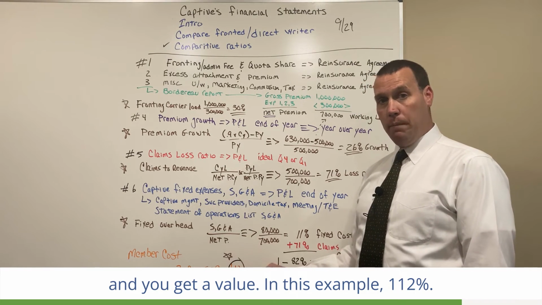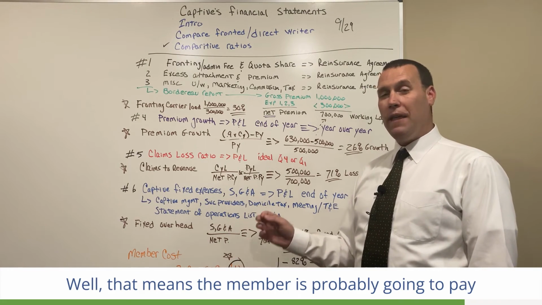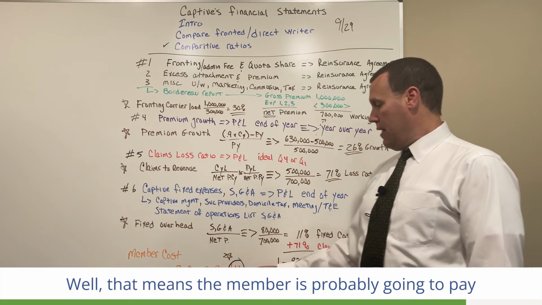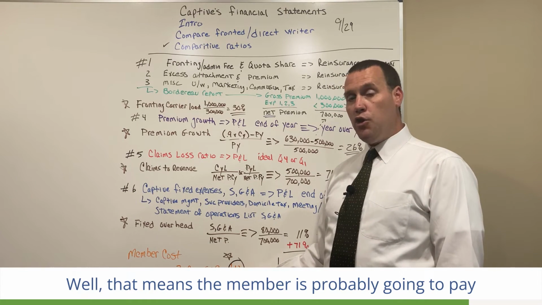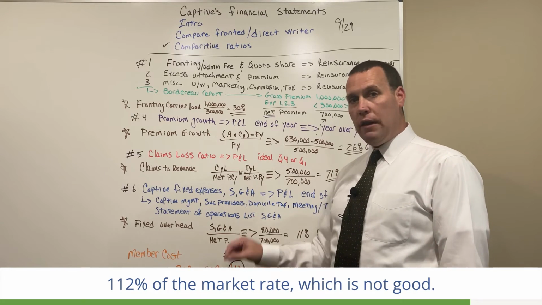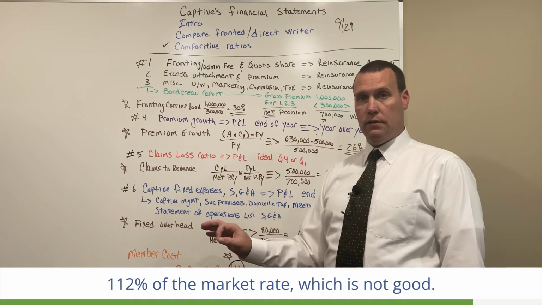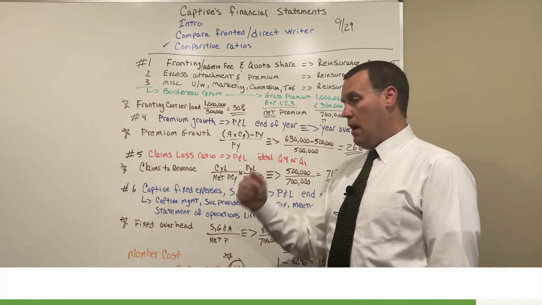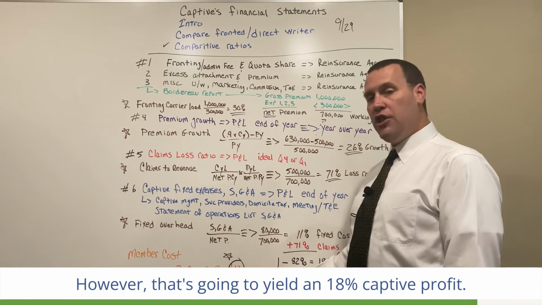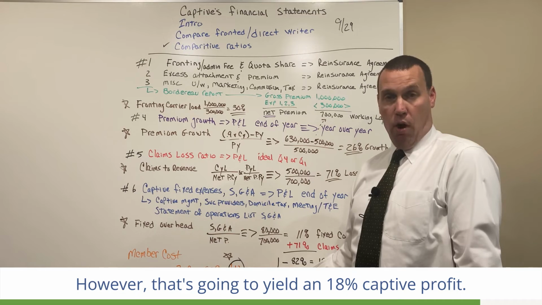In this example, 112%. So what does that mean? Well, that means the member is probably going to pay 112% of the market rate, which is not good. You're overpaying by 12%. However, that's going to yield an 18% captive profit.